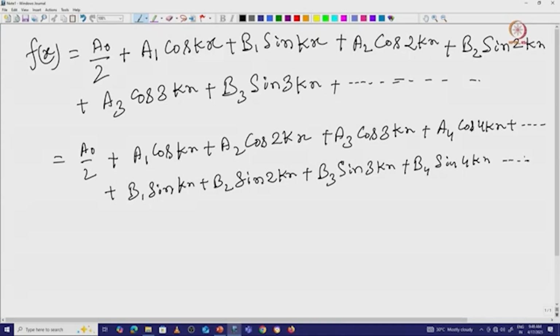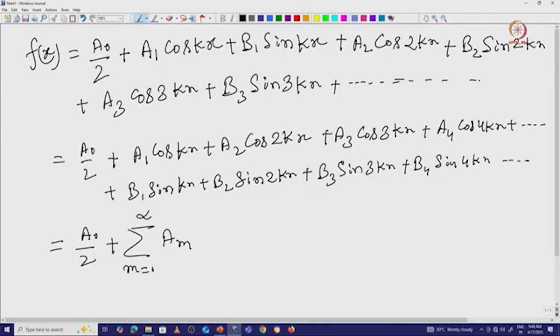Now, from this one, we can simplify this equation. So, something like A0 by 2 plus the summation, m equals 1 to infinity, Am, that is the amplitude.